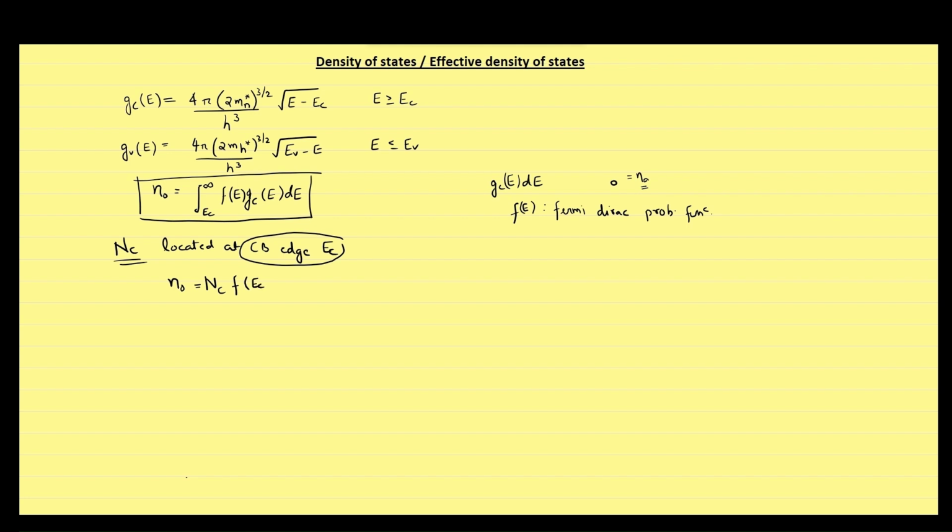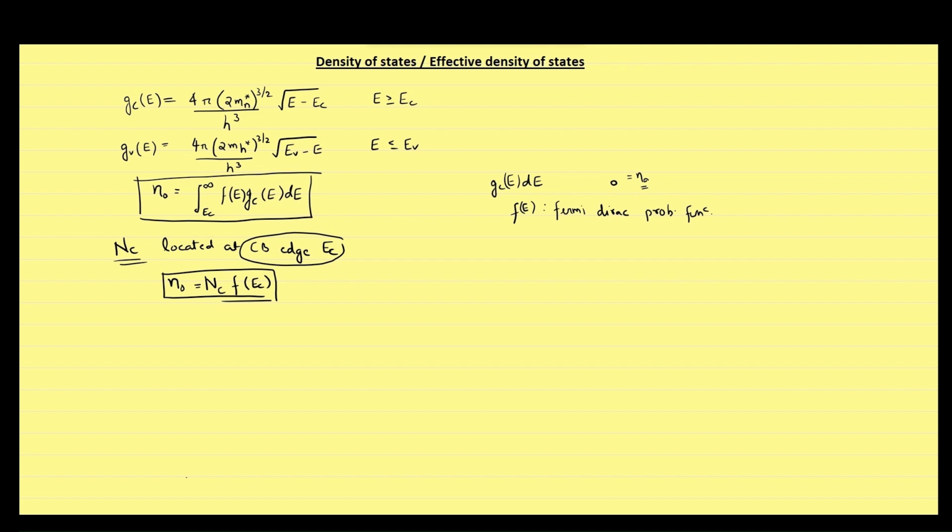The difference between the terms density of states and effective density of states must be very clear to you, because even though these two terms look similar, they have very different meanings.